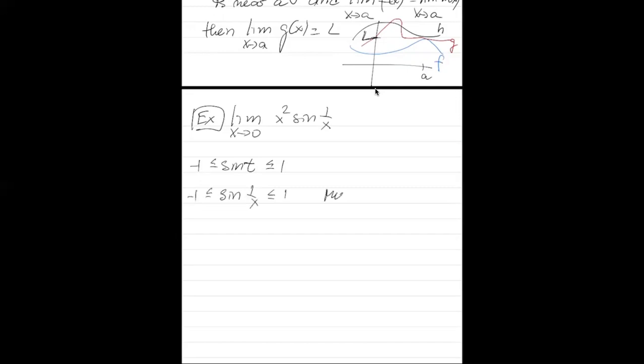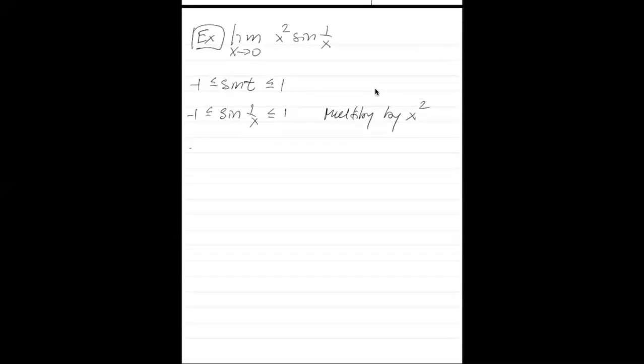And now I'm going to multiply both sides by x squared, which is positive, so the signs remain: -x squared is less than or equal to x squared sine 1 over x, which is less than or equal to x squared. So here are my three functions. This is f, the smallest one, g is the middle, and h is the biggest one.